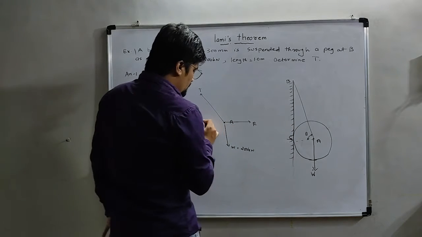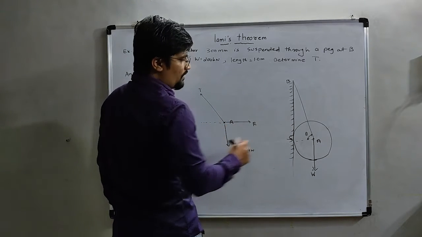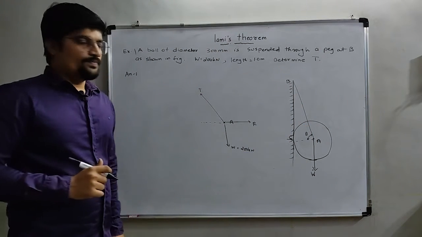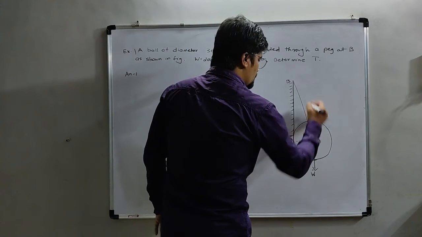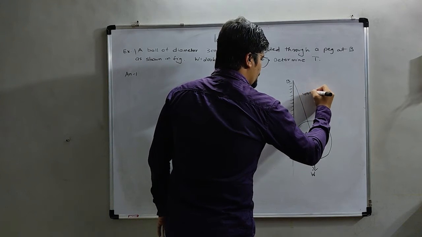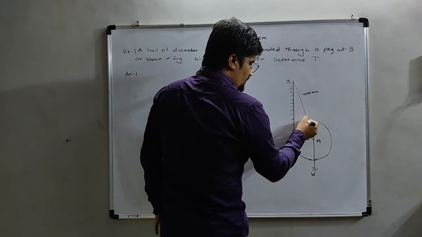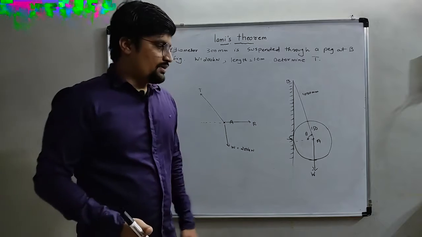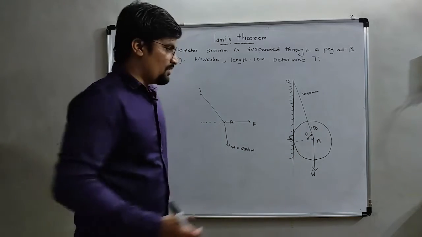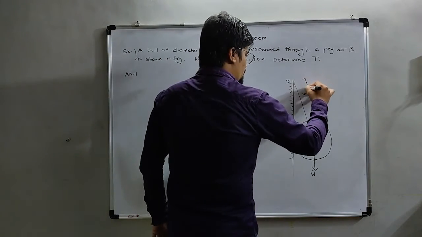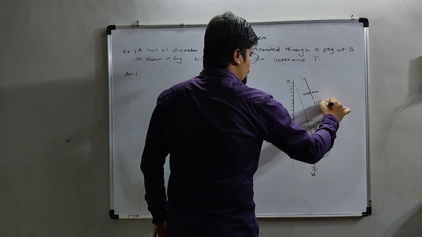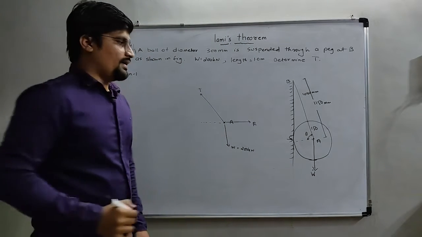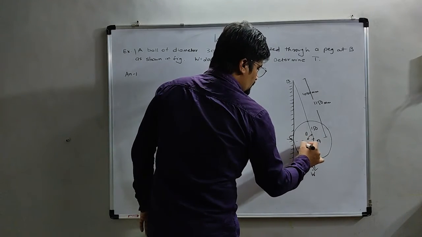Now we need to know which angle this thread is making to the wall. For that, if this is 1000 mm and from here to here the distance is 150, because the diameter of the ball is 300 mm, so the radius will be 150 mm. So the total AB will be 1150 mm, and this one will be 150 mm.